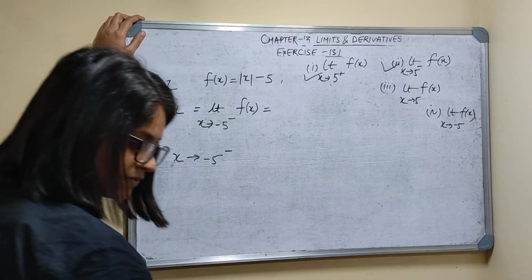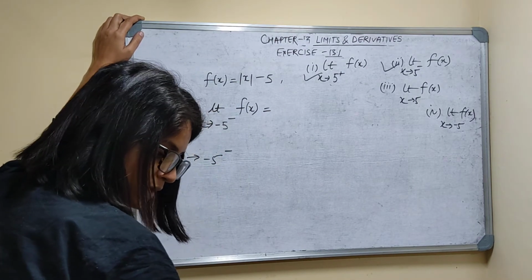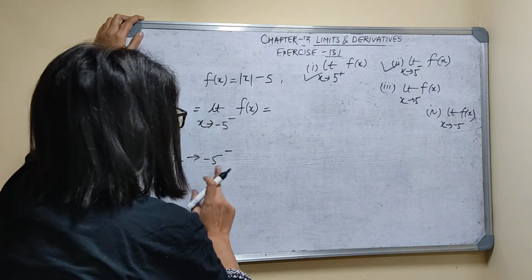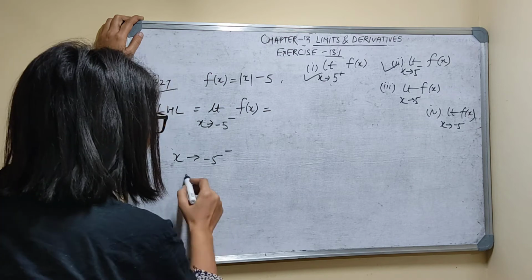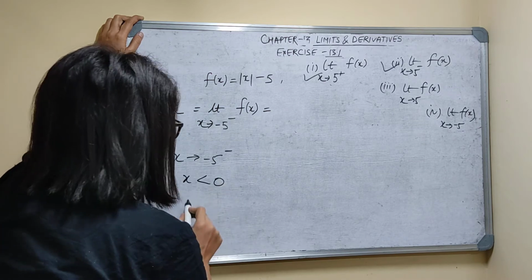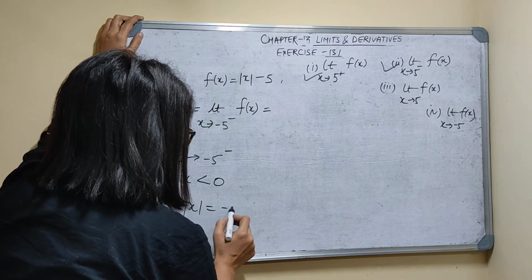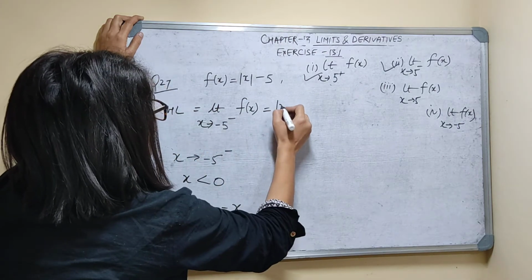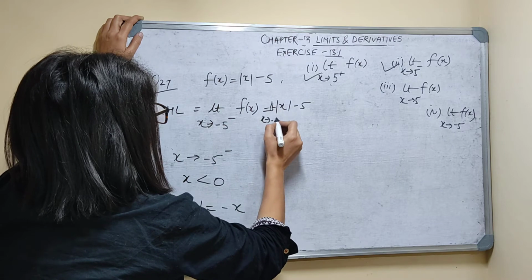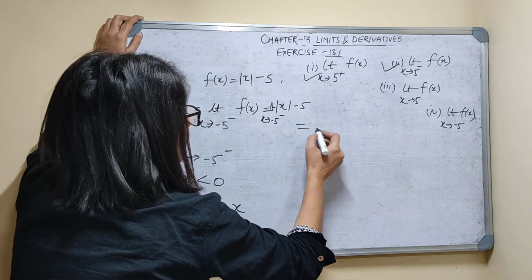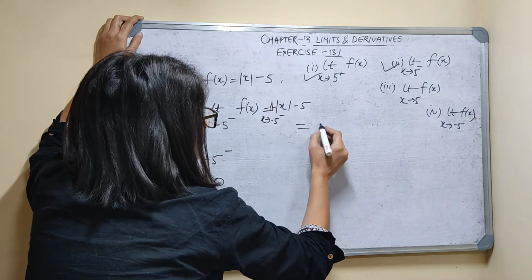X tends to minus 5 minus means less than 0 only. X is less than 0. So mod of x is equal to minus x. So mod of x minus 5, limit x tends to minus 5 minus. At the place of x, what will I write?